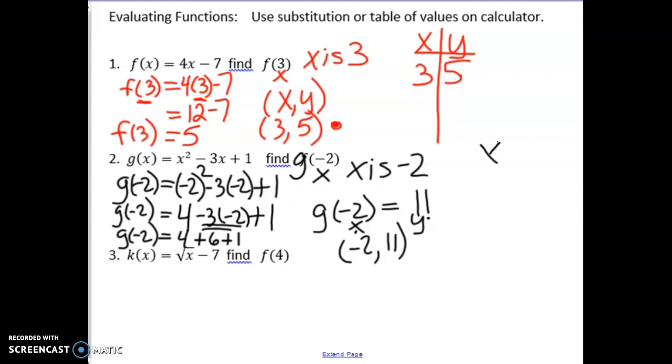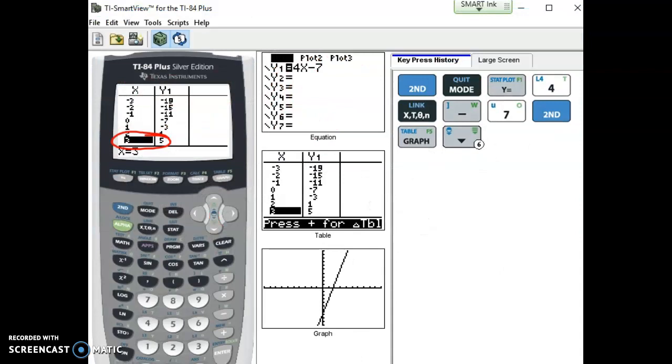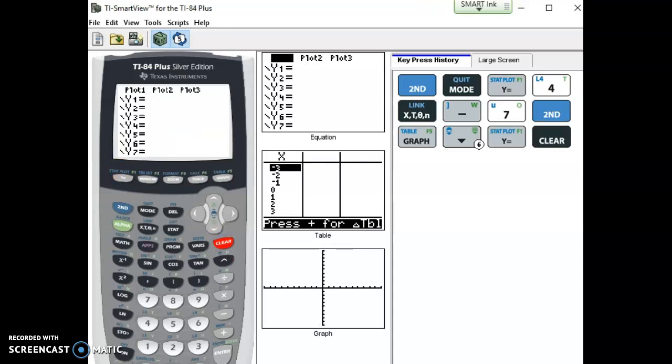So let me show you how to do that real quick, because this is going to be important. Go to the calculator, and let's clear out what we have. Let's go to y equals, get rid of that old linear equation, and you're going to tell me that this is a quadratic, right? Because it's raised to the second power.